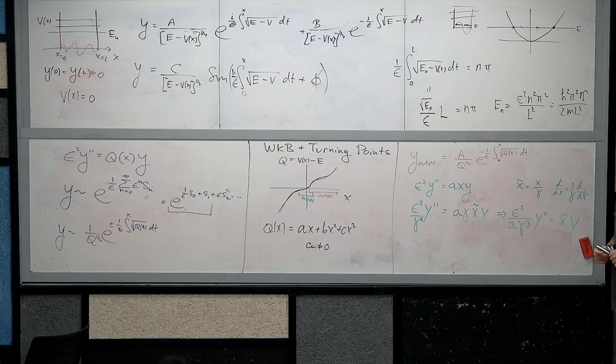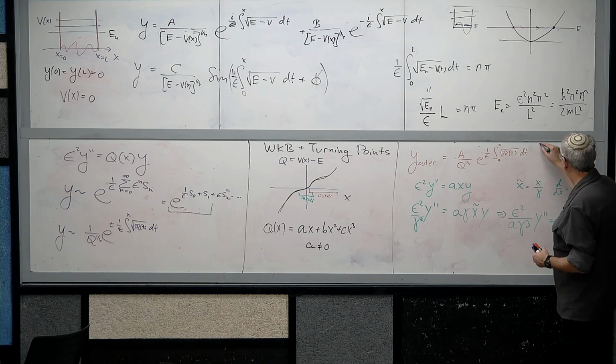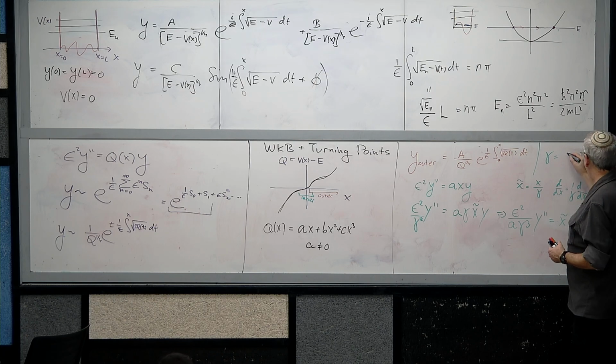In order to make this exactly Airy, I should choose gamma such that the coefficient here will be 1. So now I know, very important, that gamma is epsilon to the 2/3 divided by a to the 1/3.